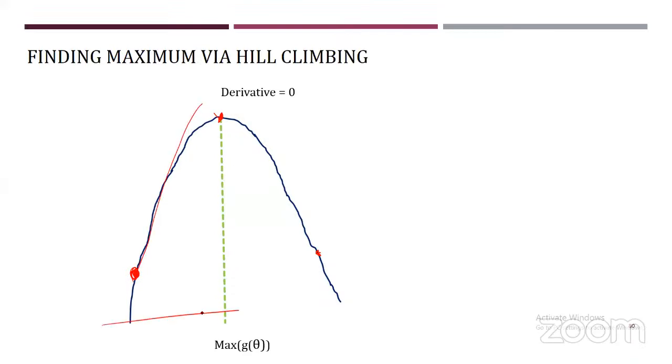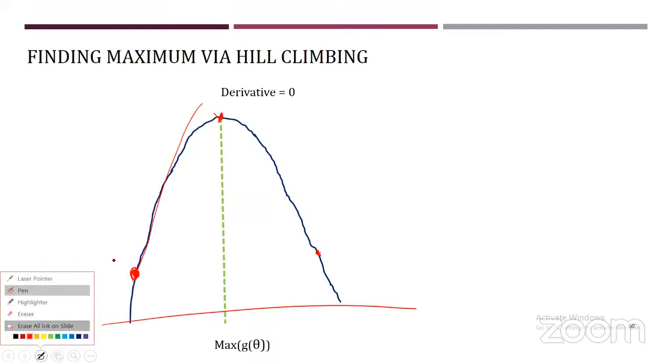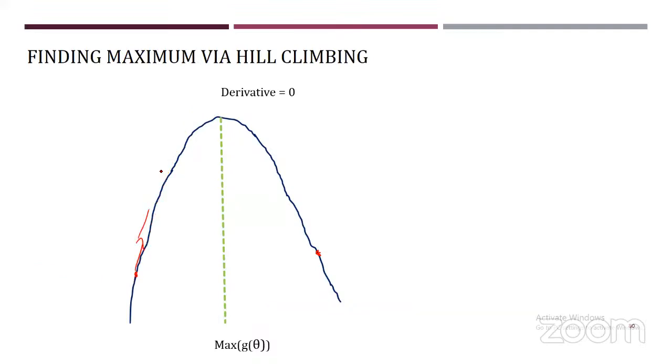This is your theta scale. So in order to reach this point, I need to increment my theta, right? Because initially I don't know what my location is. Suppose I'm starting with this location, then in order to reach this point, I need to perform a decrement in my theta, right?